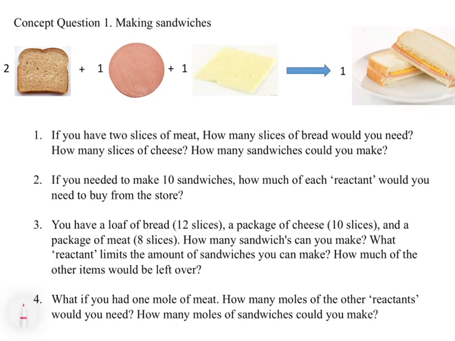Let's look at how we can actually do this in a more systematic fashion. Is there a way that we can construct some unit conversions that allow us to do this without necessarily having to just do it in our heads? And there is. So if we have 2 slices of meat, we can use the ratios.